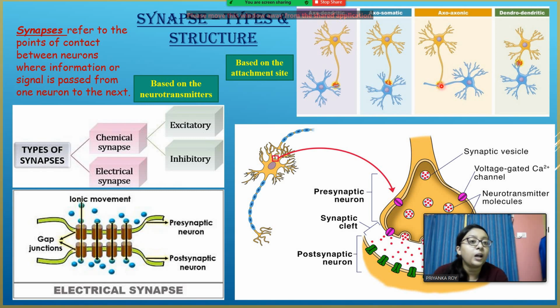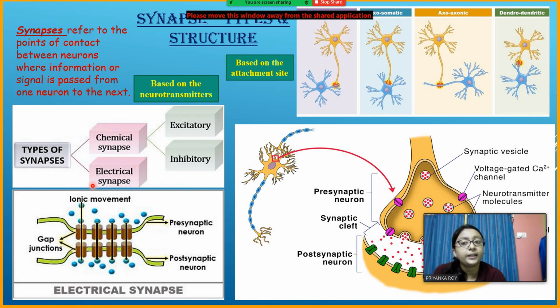If it is connected to the axon of another neuron, it is known as axoaxonic. Now, if the dendrite of one neuron is connected with the dendrite of another neuron, it is known as dendrodendritic.